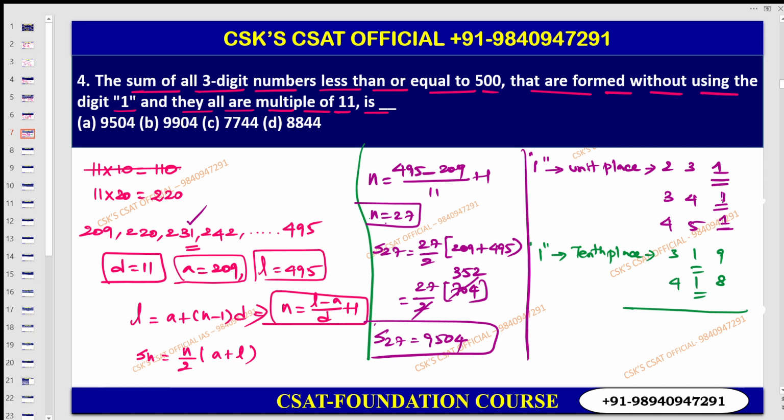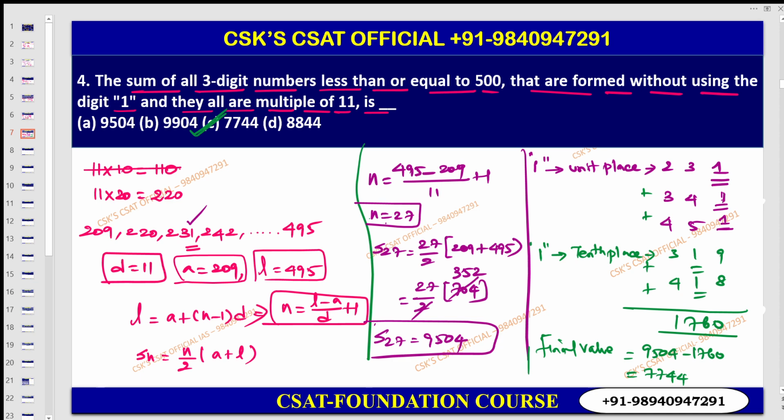Quickly add up: 231, 341, 451, 319 plus 418 gives 1760, right? Therefore the final value is 9504 minus 1760, which is equal to 7744.